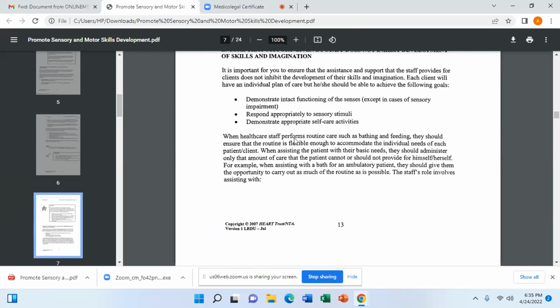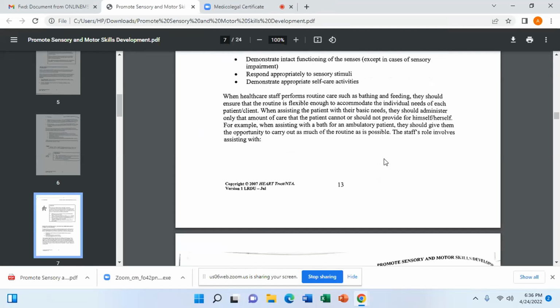When healthcare staff perform routine care such as bathing and feeding, they should ensure that the routine is flexible enough to provide for the individual needs of each patient or client. When assisting the patient with their basic needs, they should administer only the amount of care that the patient requires.